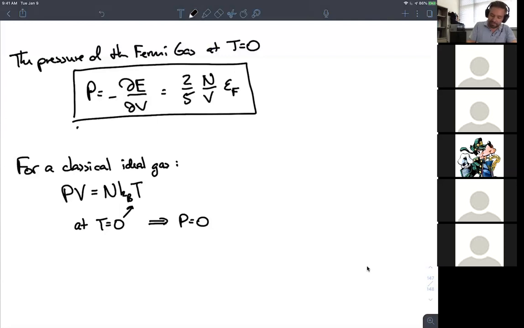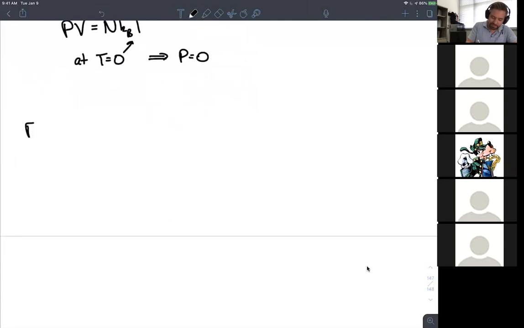But for fermions, that is not what you get. For fermions, even at T equals 0, you still get a non-zero pressure.